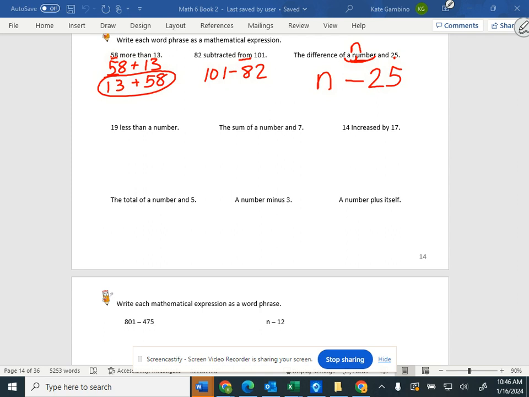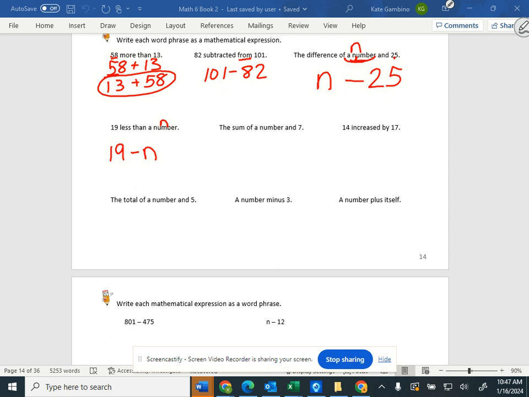19 less than a number. What do you think, Dom? 19 minus number. So if it's 19 minus n, right? So that's the number. If our number was 25 and we want 19 less than it, if we say 19 minus 25, is that going to tell us 19 less than 25?